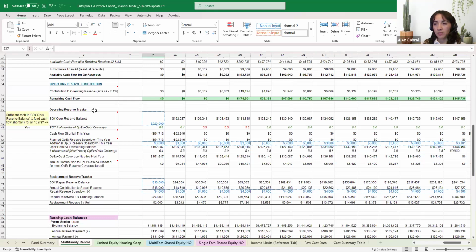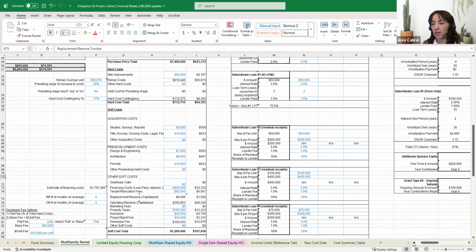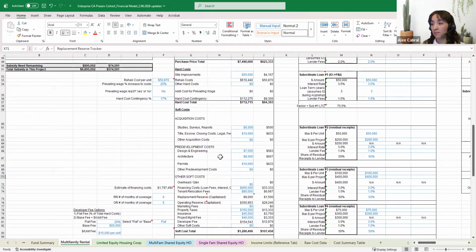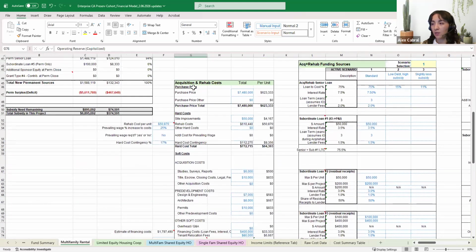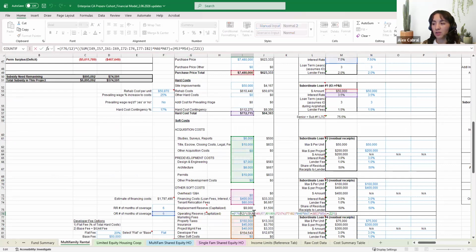So this is the operating reserve and the replacement reserve. The operating reserve appears in a couple different places. We'll spend some time on this because it is important. The operating reserve first appears here in the acquisition and rehab costs. We're saying that we need 6 months of coverage for operating reserve.